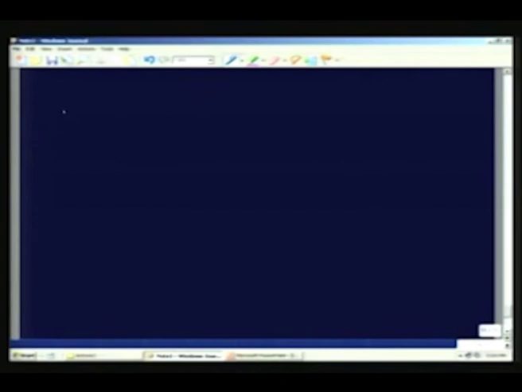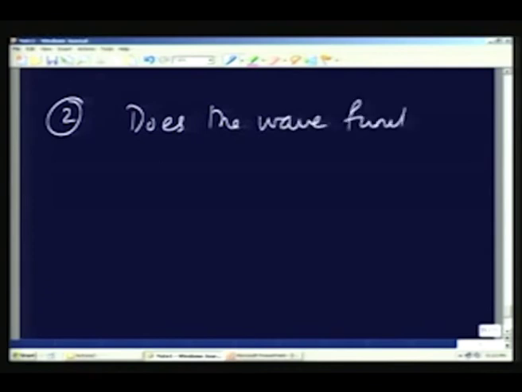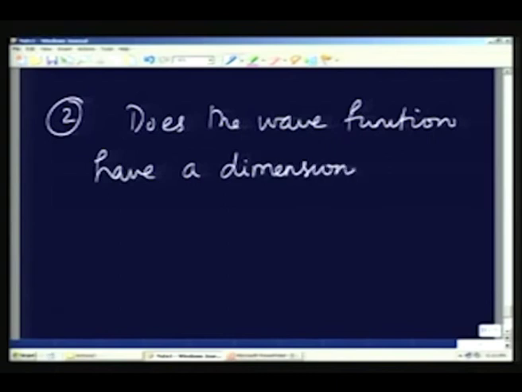The next problem is, does the wave function have a dimension? Like length, mass, time, does it have any dimension?